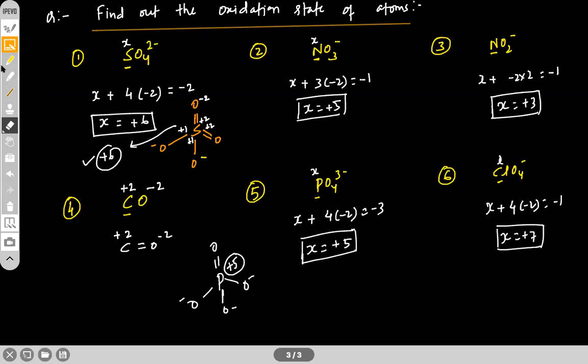ClO4 minus. Could you tell me the structure of ClO4 minus? How do we draw the structure?